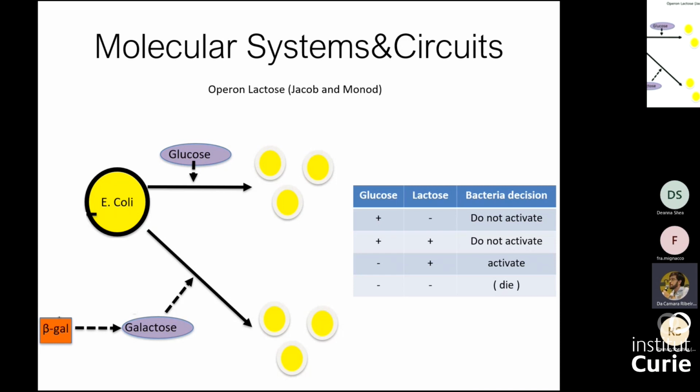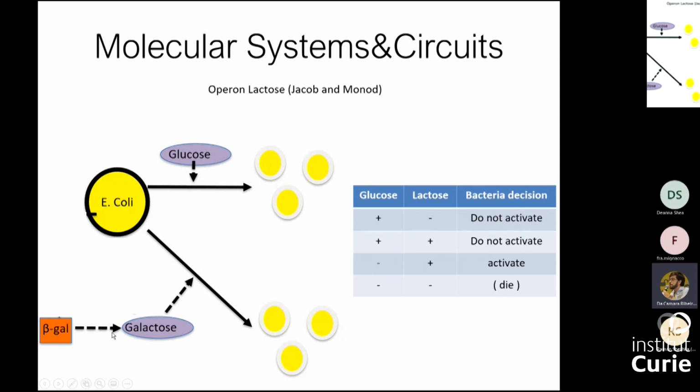So what is the control function that the bacteria needs to operate? When the preferred food, glucose, is present, whether or not galactose is there, it is not necessary to activate the production of this particular enzyme.